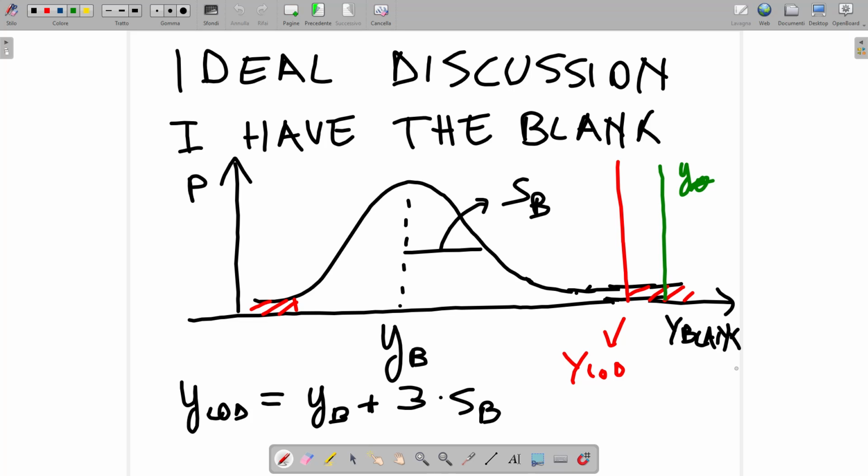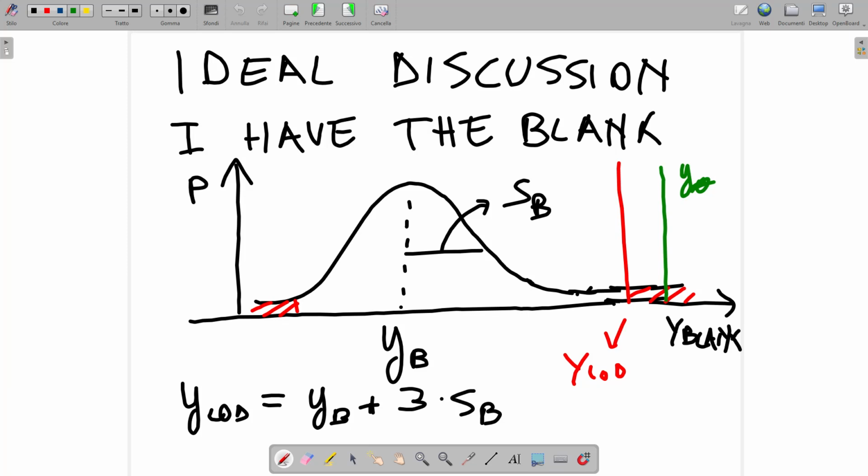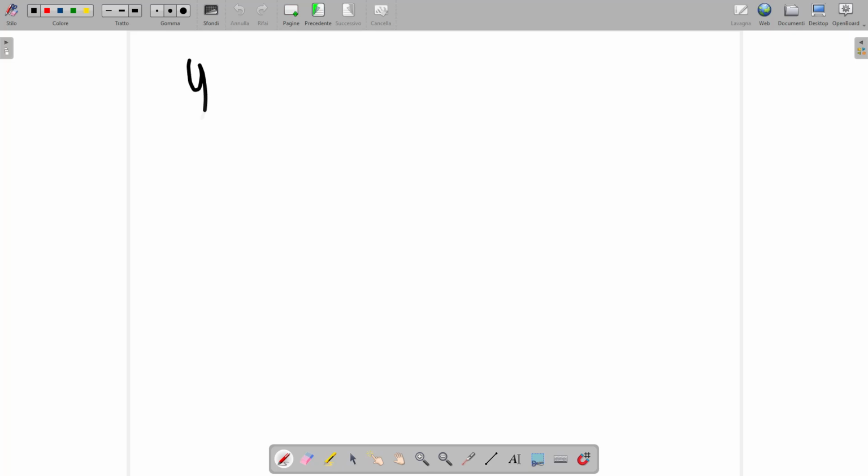And now we want, this is a legal discussion, and nobody of us can calculate or measure YB and SB because we do not have the blank. But we can estimate these two parameters. Let us write again the relationship. The minimum signal for us has to be calculated as the signal of the blank plus 3 times the standard deviation of the blank.